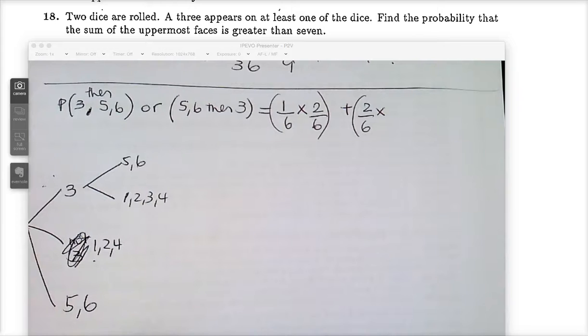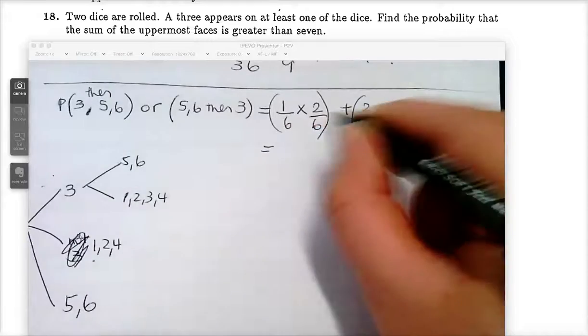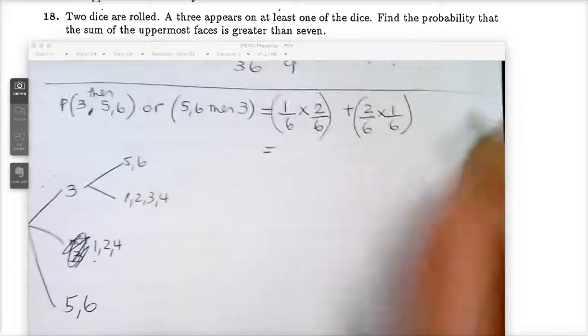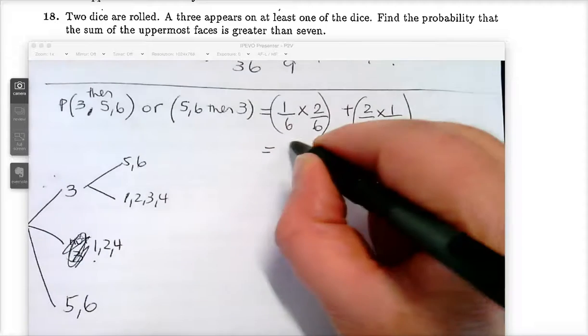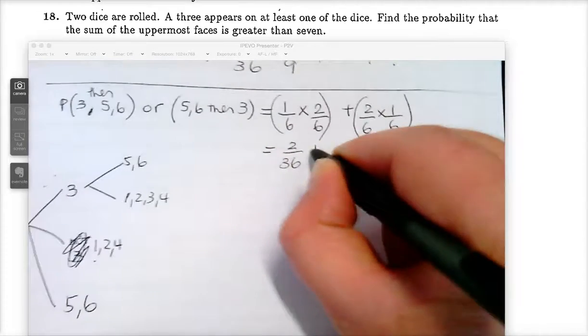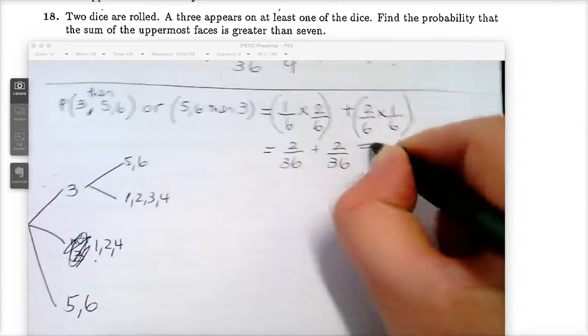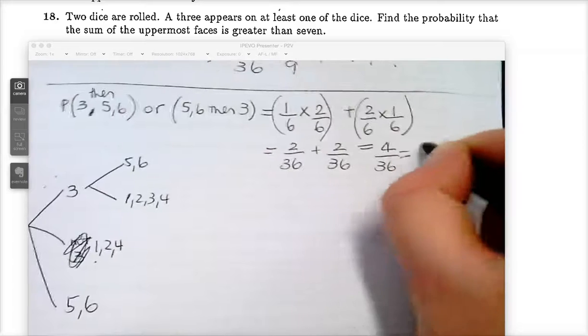A 3 appears on at least one of the dice. I don't know if this is going to work. Times 1 on 6. So we want a 5 and a 6, then a 3. 2 out of 36 plus 2 out of 36. I'm getting the same as that one.